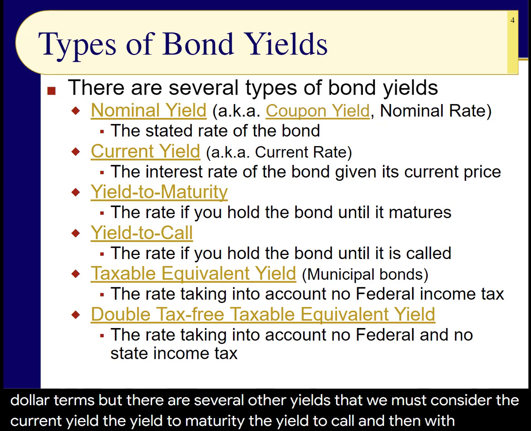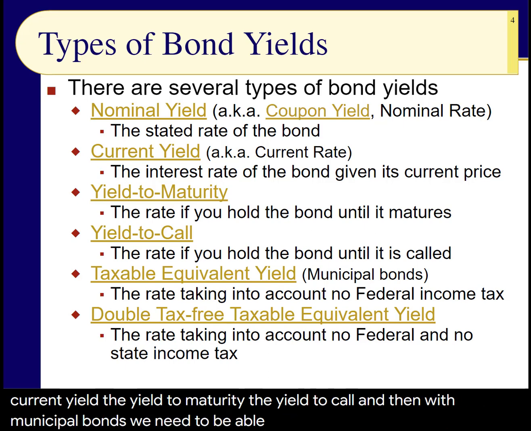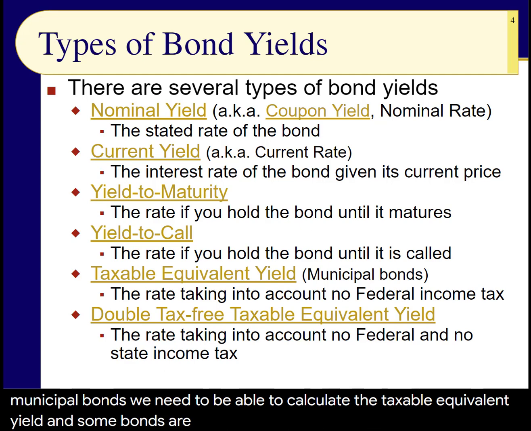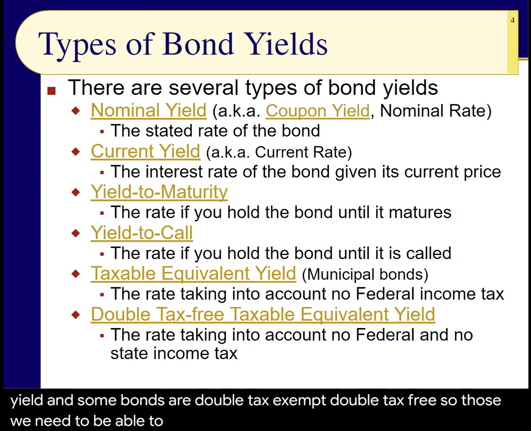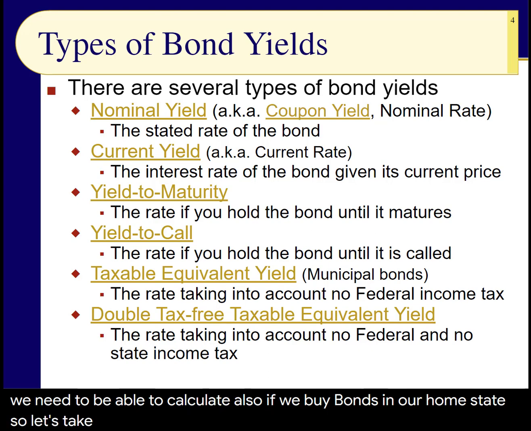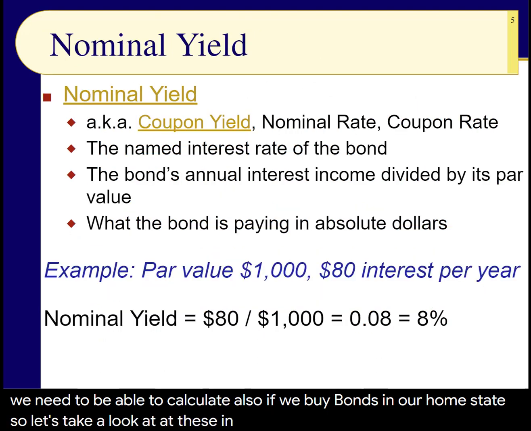And then with municipal bonds, we need to be able to calculate the taxable equivalent yield. And some bonds are double tax exempt, double tax free, so we need to be able to calculate those also if we buy bonds in our home state. So let's take a look at these yields in detail, each one.